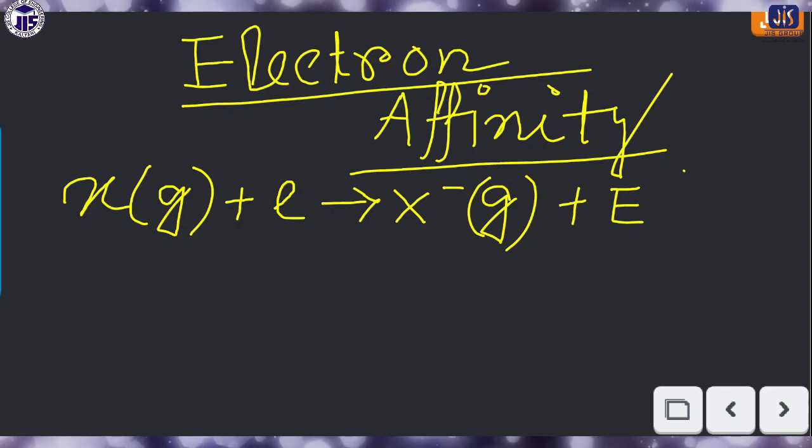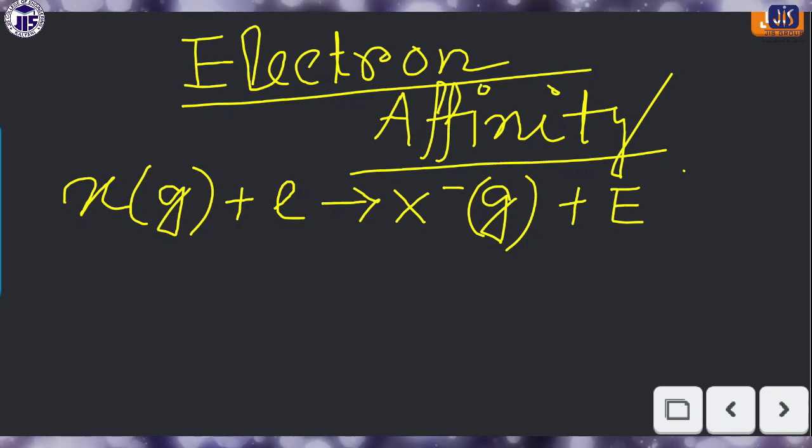So how can we define electron affinity or electron gain enthalpy? We can define it this way: the amount of energy released when one extra electron is added in the last orbital or last subshell of an isolated gaseous atom in its ground state. What is the meaning of isolated gaseous atom? That means it is a single atom. There is no interference of any other atom or molecule on this particular atom.